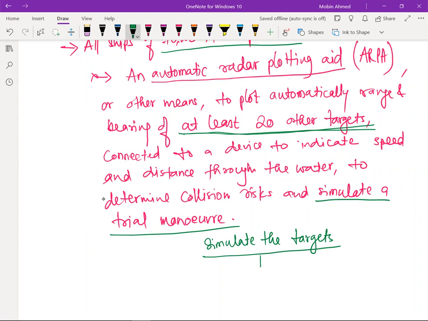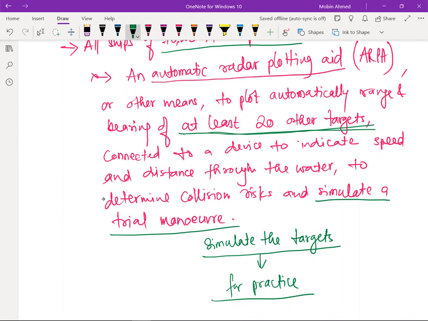So this is to simulate the targets for practice. This practice they generally do on board ship also, and that's why it is a simulated trial maneuver. This is the trial maneuver that they practice, so that it should always cross at a minimum of 2 nautical miles.